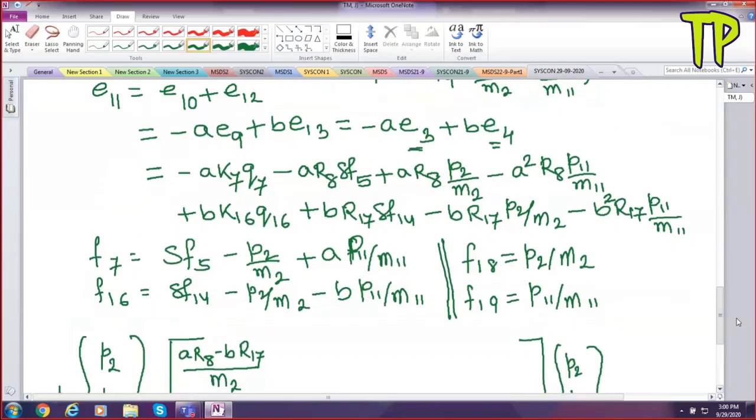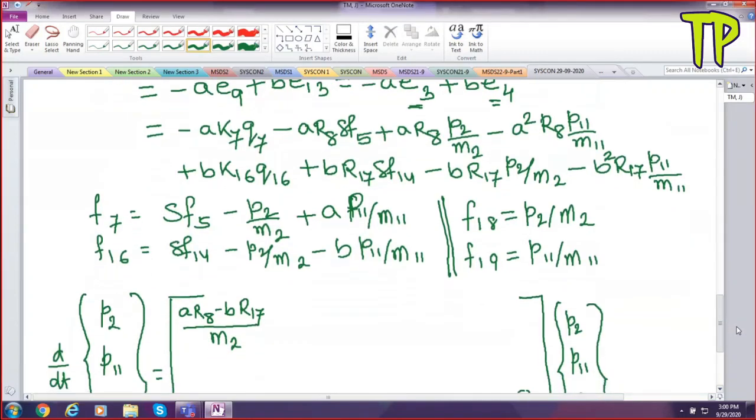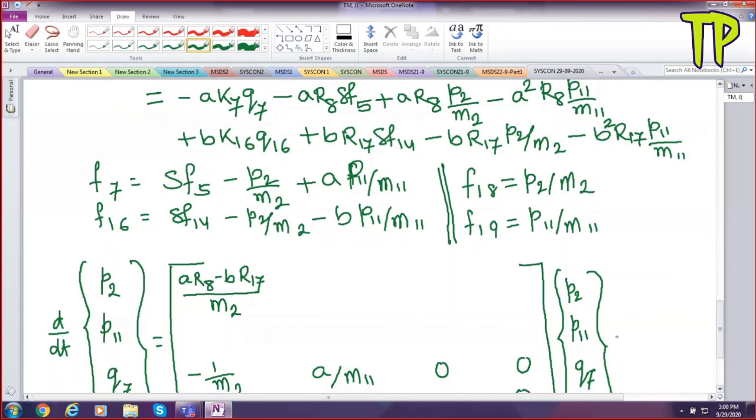So we are writing the equation for E11. I have written it in place of E2, P2, E2. This will be in E11. Not here. Next slide. This one. So we have E2 by M2. So AR8 minus BR17.